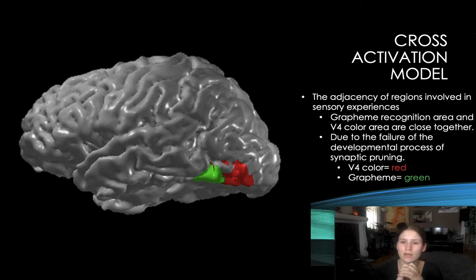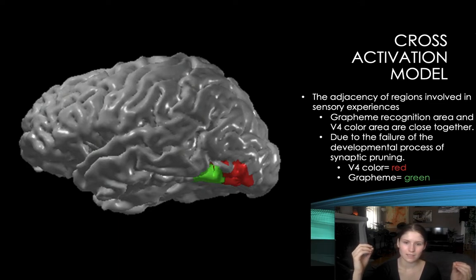So, the cross-activation model. This is basically saying that the adjacency of these regions in the brain of the different senses is what makes them connected and what gives that synesthetic experience. So for instance, the grapheme recognition area, you see in green, is adjacent to the V4 color area in red.